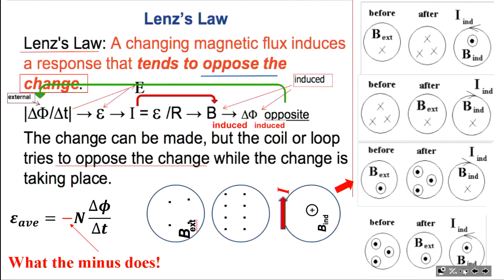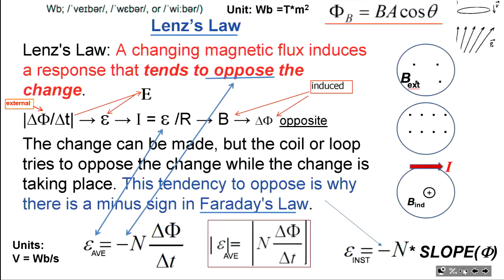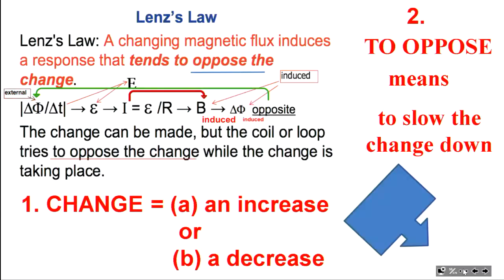So what we need to, well, this is the same slide, but letters are larger. What we need is to practice. So this is a summary for all laws together: Faraday's law and Lenz's law.